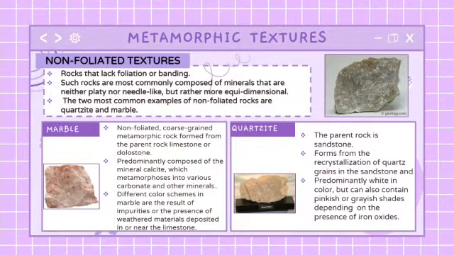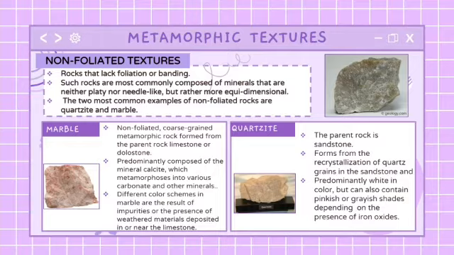So let's go to the non-foliated metamorphic texture. Non-foliated rocks lack foliation or banding. Such rocks are most commonly composed of neither platy nor needle-like minerals, but rather equidimensional minerals, or more or less the same dimension in all directions. Non-foliated textures do not have lineations, foliations, or other alignments of mineral grains.